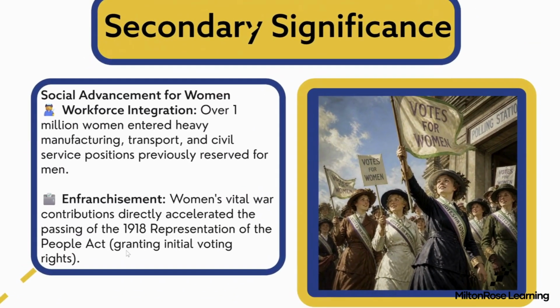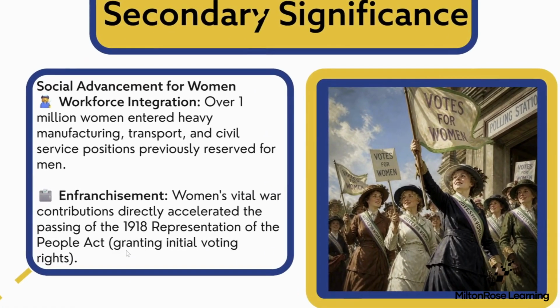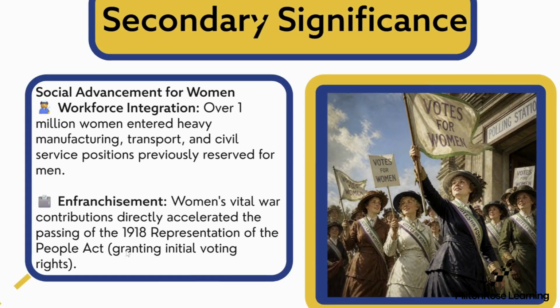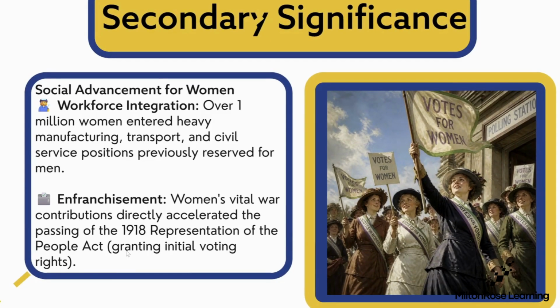Secondary significance: I would say the events brought the social advancement of women. I think that's massive. So, workforce integration: over 1 million women entered heavy manufacturing, transport and civil service positions previously reserved only for men. So I think that brings women's liberation a step forward.